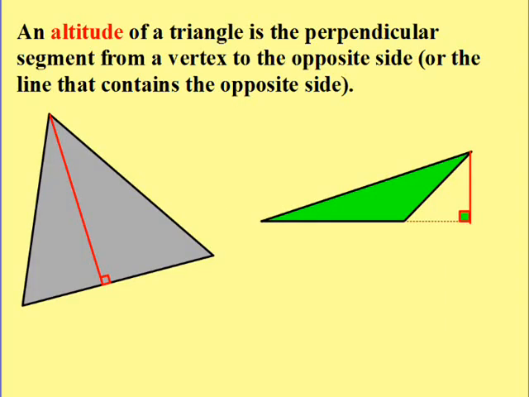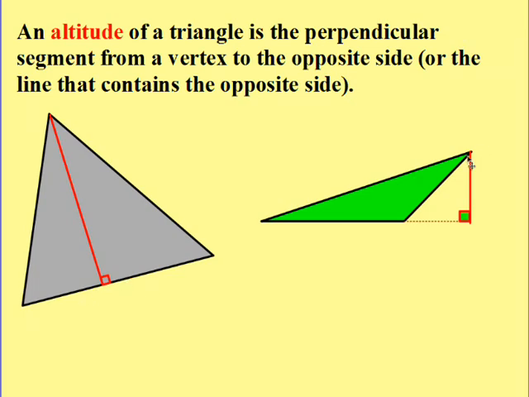Alright, so an altitude of a triangle is the perpendicular segment from a vertex to the opposite side, or the line that contains the opposite side. So this over here is the first case, where we start at the vertex and then we go straight to the opposite side and we intersect that side at a 90-degree angle.